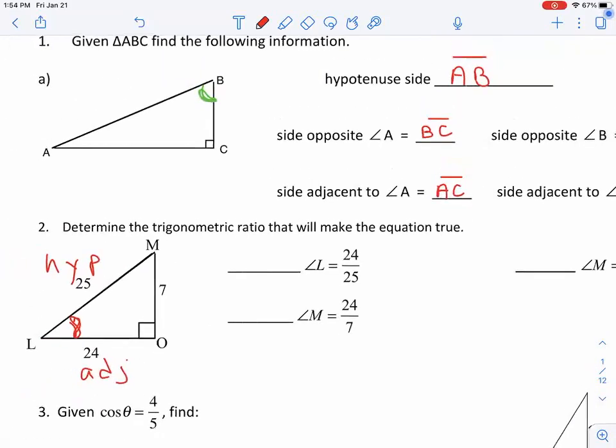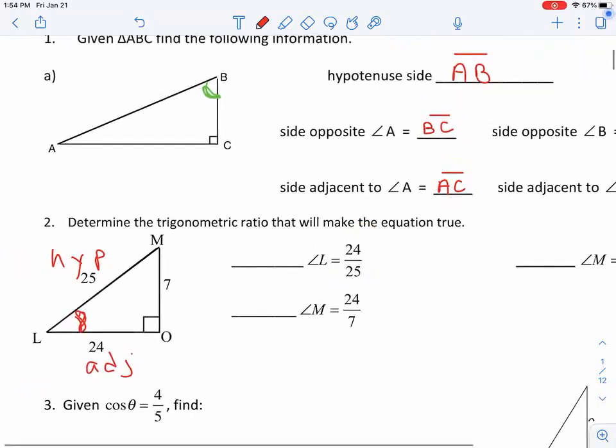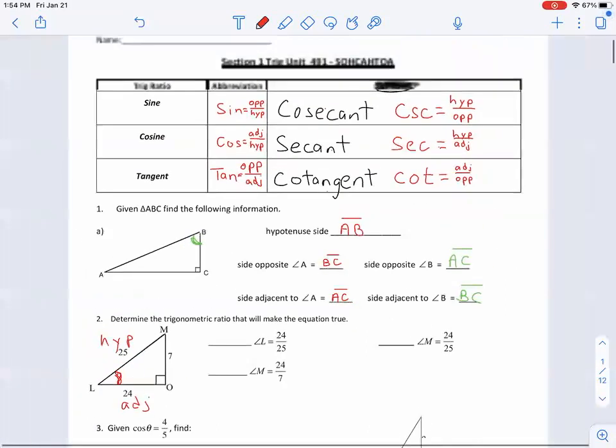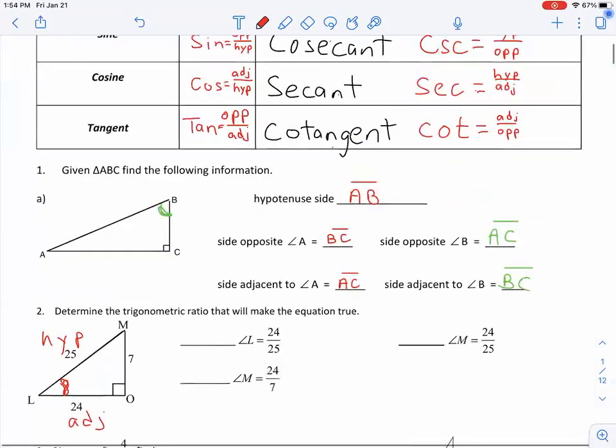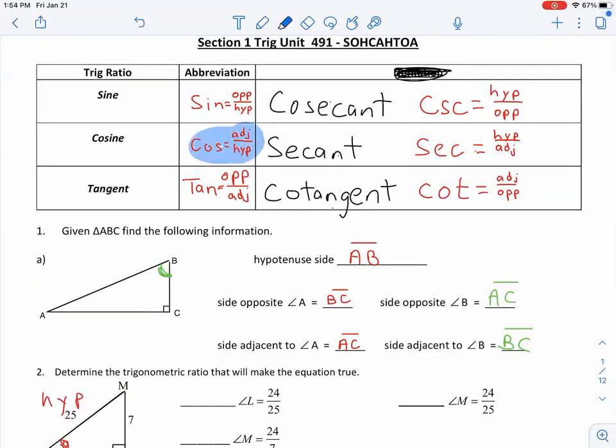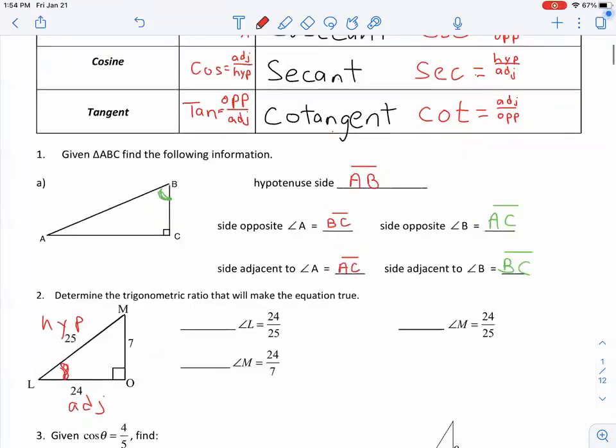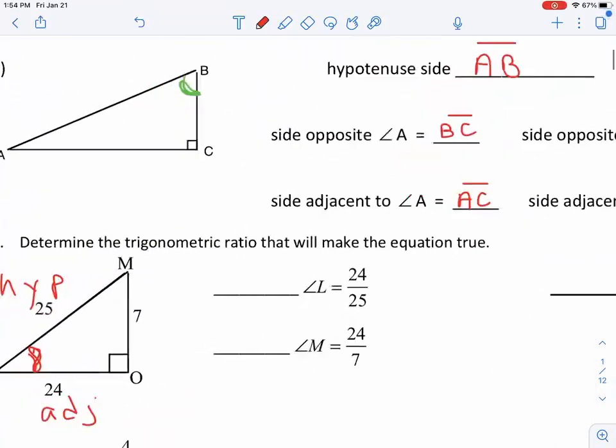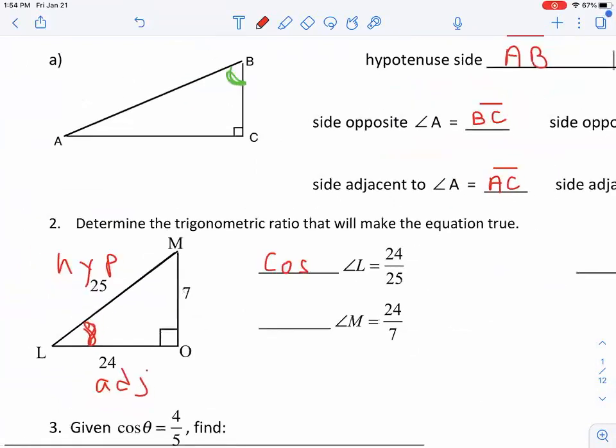So which of our trig functions is adjacent over hypotenuse? That is the cosine. So my answer is that the cosine of angle L is 24 over 25.